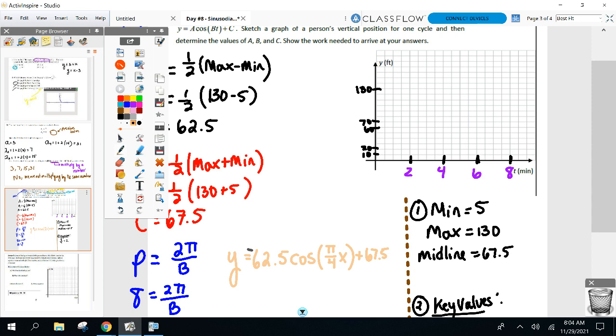Where's this graph going to start? Minimum, right? Because he gets on at the lowest point. What's our minimum? 5. So we're going to start at 5. Okay, think about the cosine curve. Where does it go now? Midline, 67.5. Usually it'd be at its minimum at this point, but we flip it, max, 130.